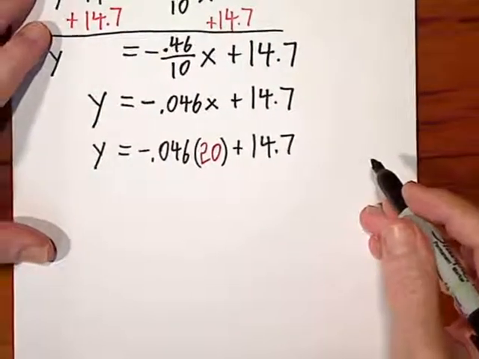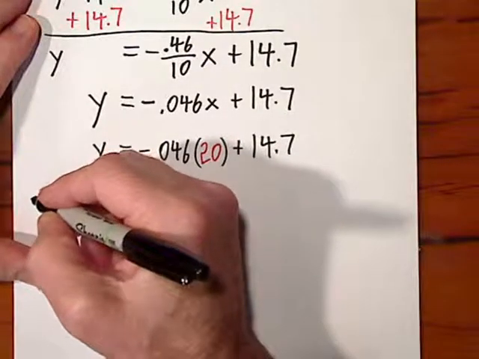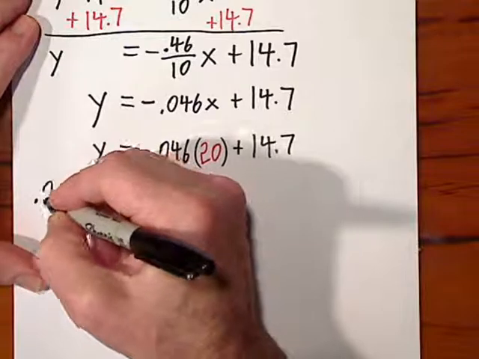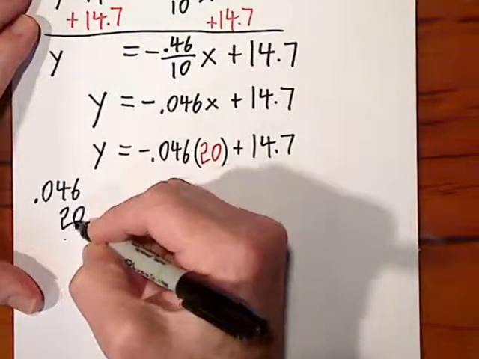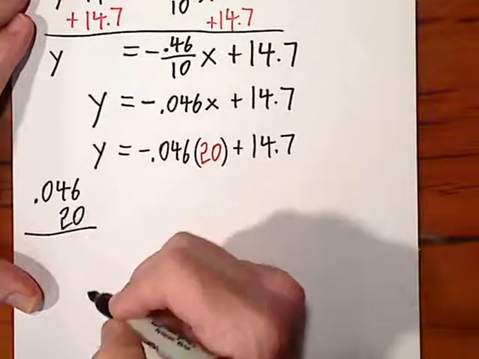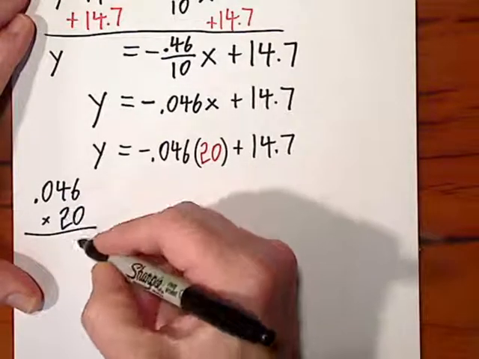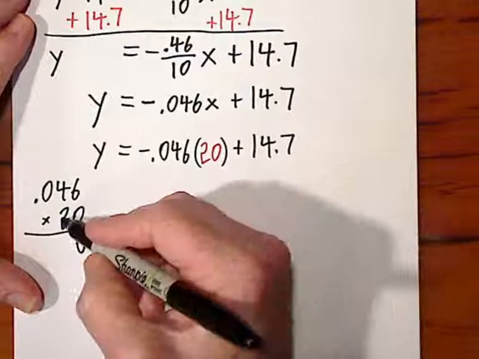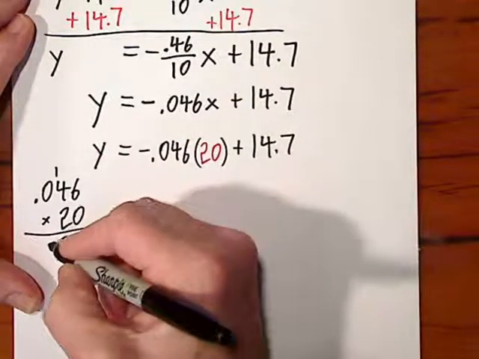All right, so I'll do this off to the side here. We've got 0.046 times 20. When I multiply by 0, nothing happens. Before I can multiply by that 2, I'll put my multiplication in there. I have to put a 0 here to start. And now 2 times 6, 8, 9.